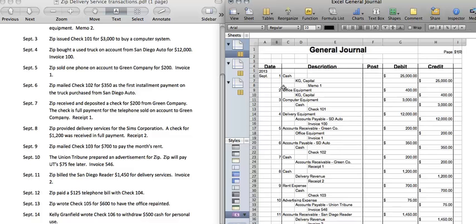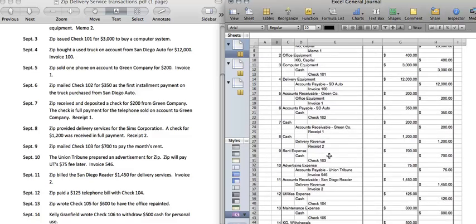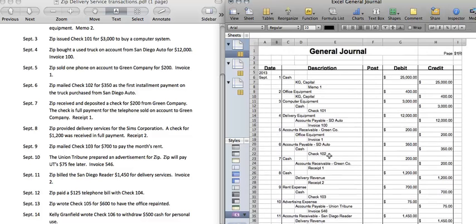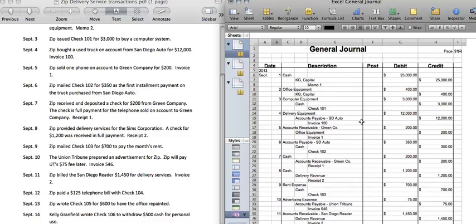However, if you're writing it out, you would just leave a couple spaces each time as you do the credit, leave a couple spaces over again each time as you do the source document. So it would look just like this even if you're writing it out on paper. But this is what our journal looks like. If we were to go to a second page, we would put page number 2 or whatever page that is.